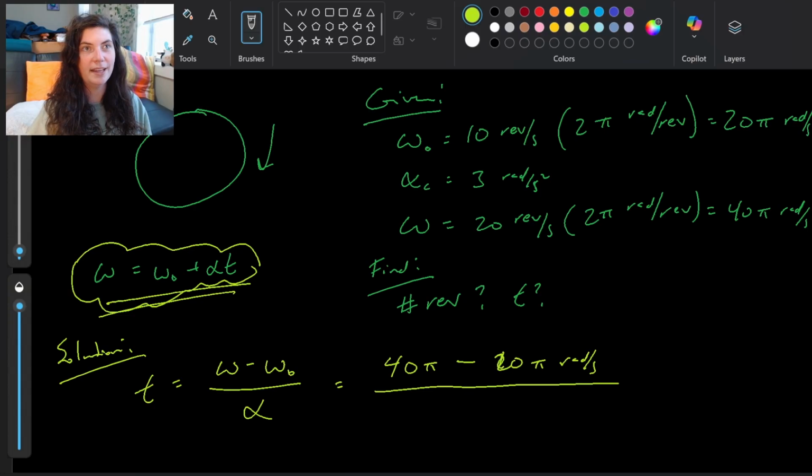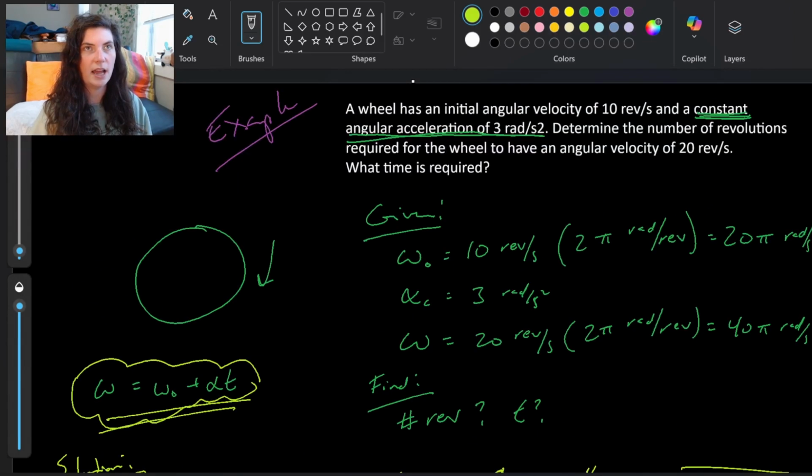It's 20 pi radians per second, all over that angular acceleration they gave us of just 3. So when I punch that into a calculator, it's going to give me a time of 20.9 seconds. That's the time required to go from an angular velocity of 10 revolutions per second to an angular velocity of 20 revolutions per second.